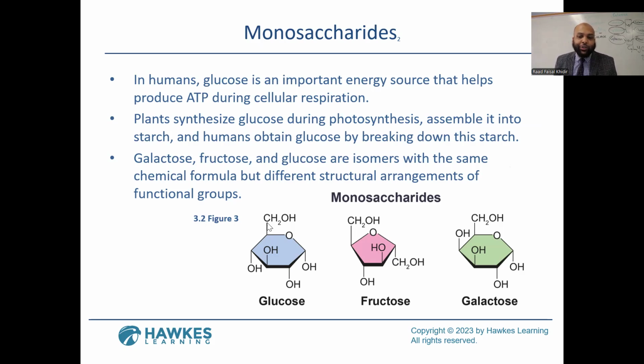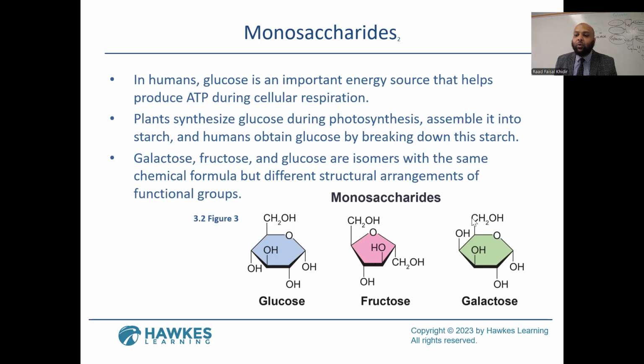So look at glucose. How many carbons does it have? One, that's here in this intersection. That's a carbon. So one carbon, two carbon, three carbon, four carbon, five carbon, six carbon. That's six carbons. Let's look at fructose. One carbon, two, three, four, five, six carbon.